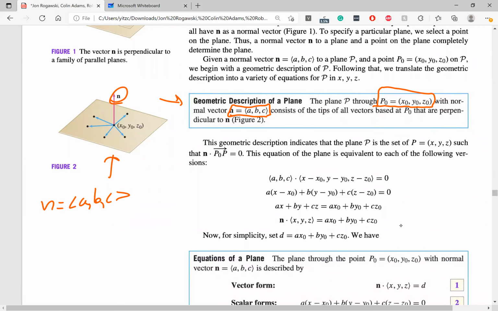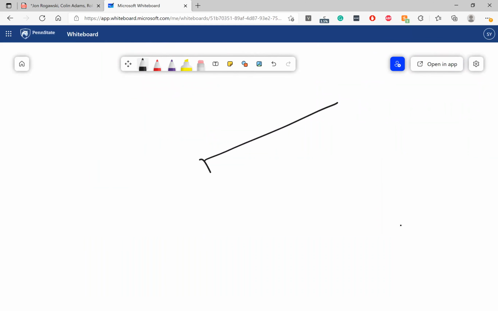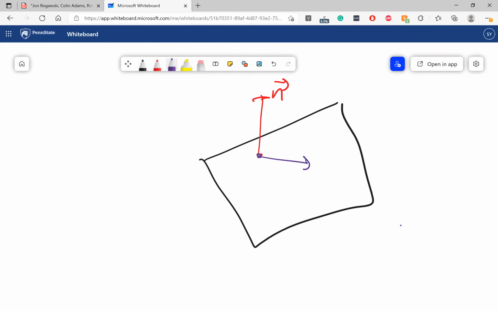Now, the reason we get this equation can be thought of as something like this. If we are really looking at a normal vector, n, and by being normal, we mean that it is perpendicular to all the vectors that lie in the plane. So let's take some vector that lies in the plane. And this vector starts from this point, which is the point P0, and we'll write it out as x0, y0, and z0.